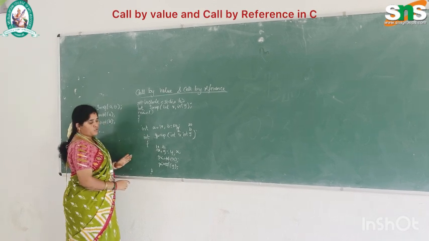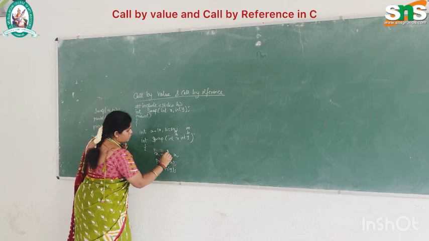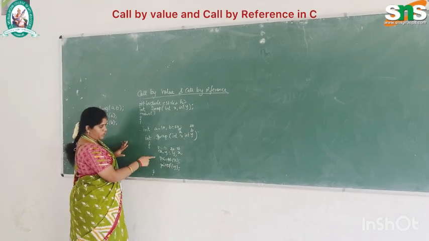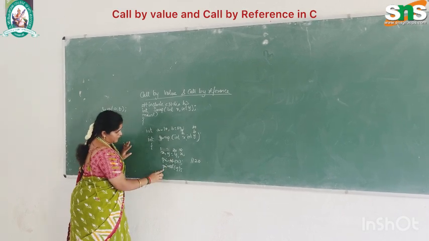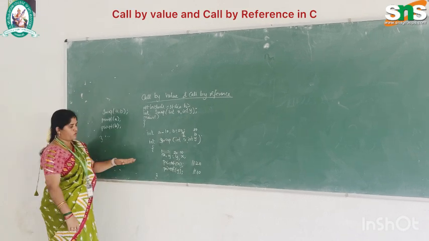Automatically the values are changed, sorry, to 20 and 10. While printing, the x value is 20 and the y value is 10. This is the output for this one.